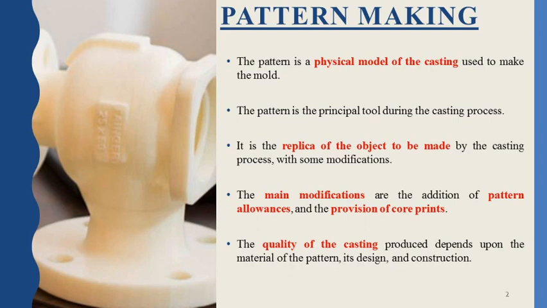Also, we have metallic patterns. So a pattern is nothing but a replica of the casting, which will have the exact size but be made up of a different material.